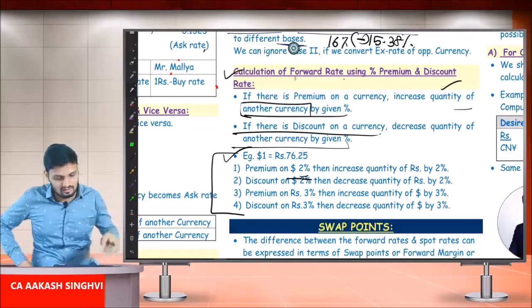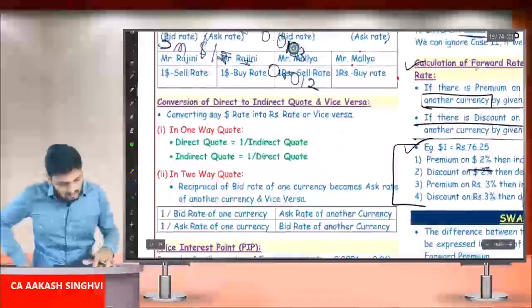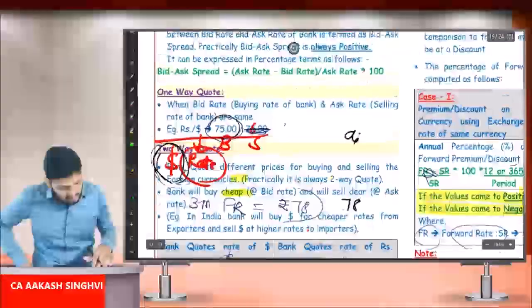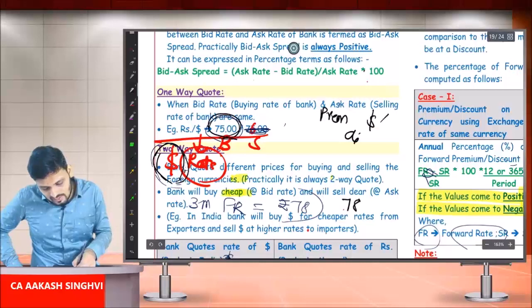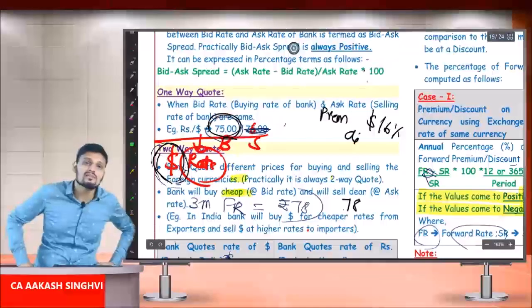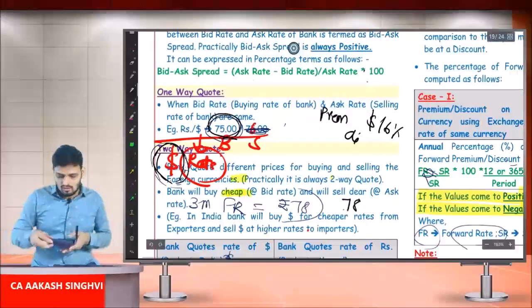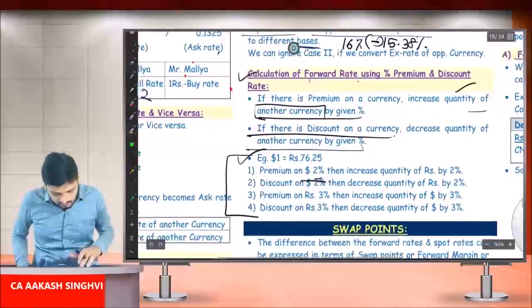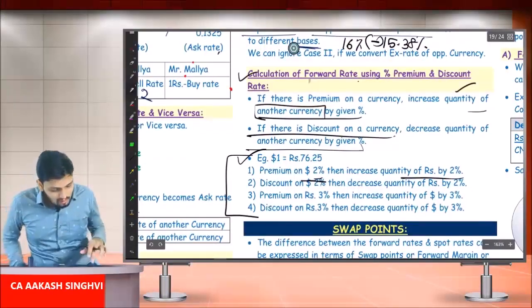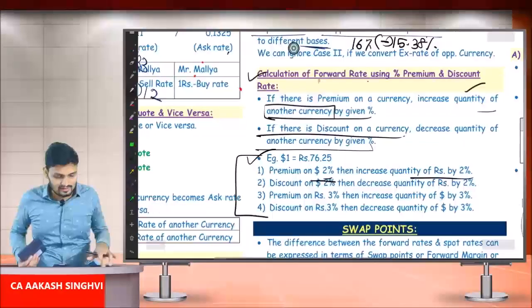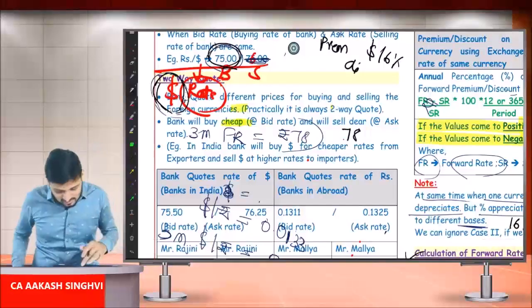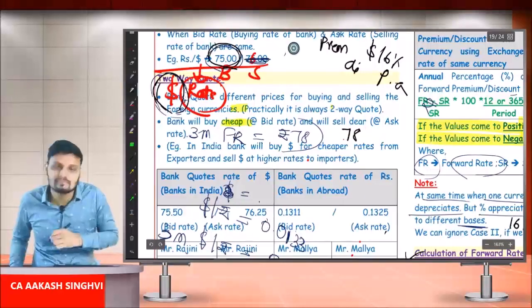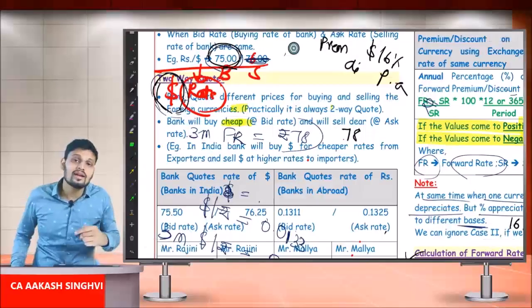Okay, one second. Here spot rate was 75, and they have given that premium on dollar is 16%. So let's try to do this. The 16% we got was per annum. What all details do we have?